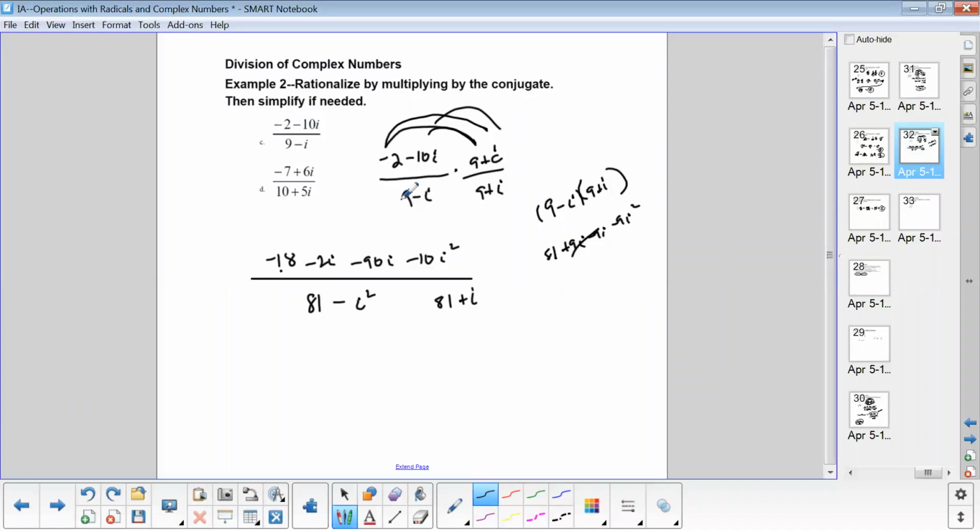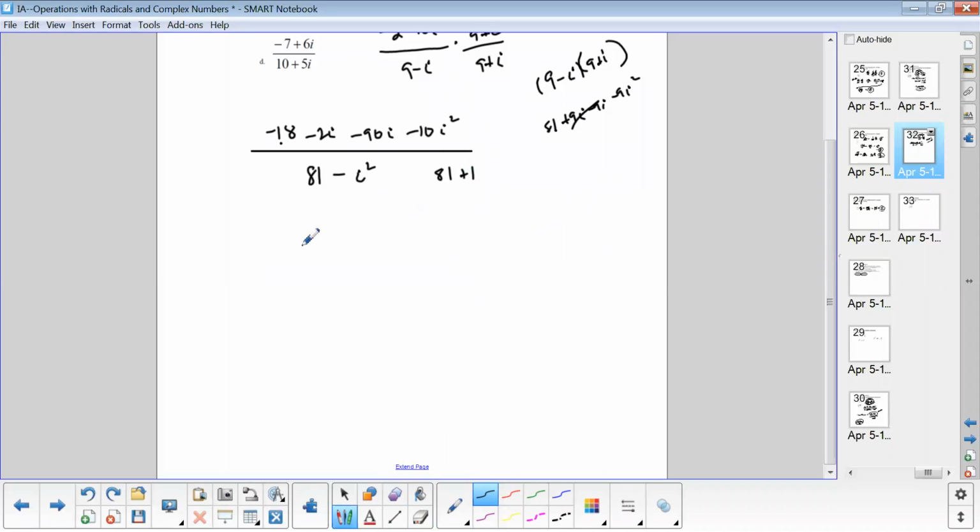So what we would have in the denominator with that conjugate is 81 minus i squared, and i squared we said was -1, and so we're subtracting a -1, so notice that the sign would become +1. So clean up the numerator and we'd have -18, and then this -10i squared would be +10, and then this -2i and a -90i would be -92i, all divided by 82.